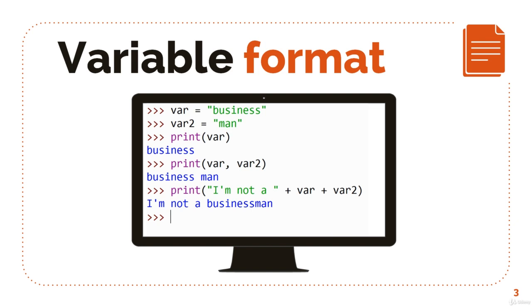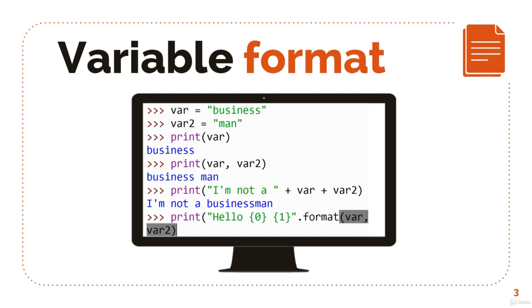Another way to implement variables is to use the string format. For example, if I write print and then as an argument I write hello and a curly bracket and 0 and a closing curly bracket, and then I put a space and then I write an open curly bracket and then number 1 and a closing curly bracket, and then I put a closing quote mark, dot format, and then in the brackets I write the variable names that I want to use with a comma in between each variable.